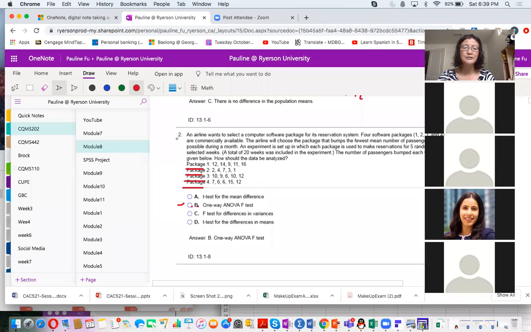So in question 2, you have 4 samples. Behind those 4 samples, you have 4 populations. You want to compare if those population means are the same or not the same, okay? So you should use the ANOVA test, one way.